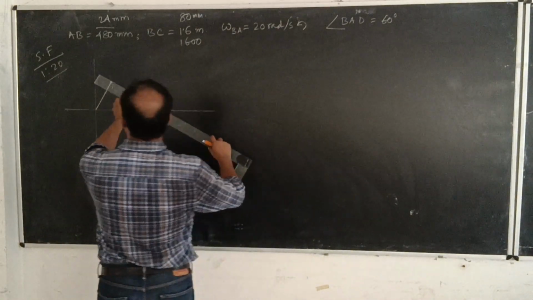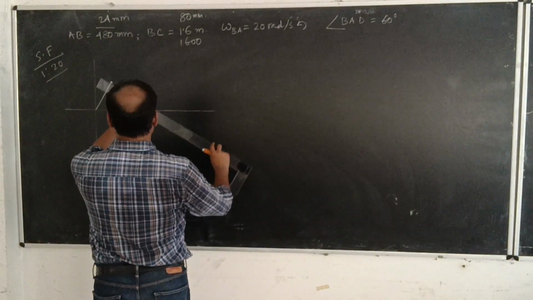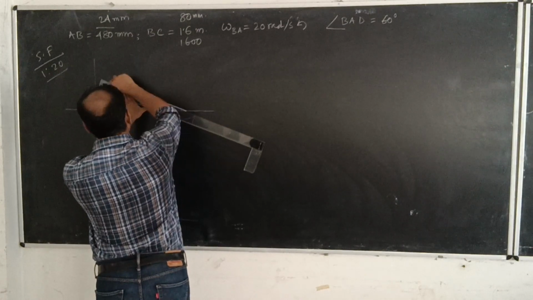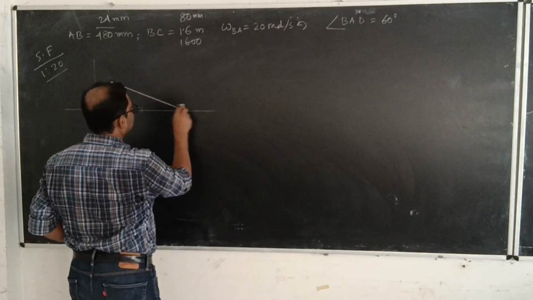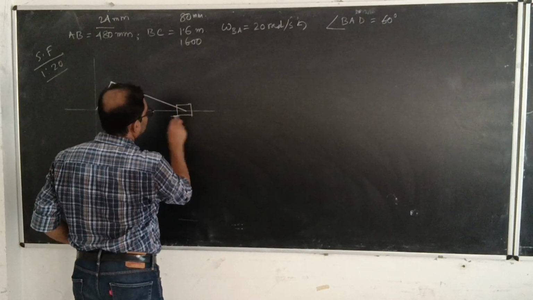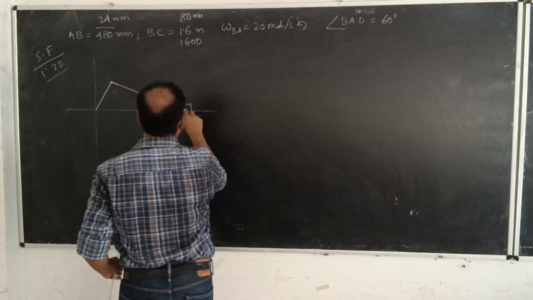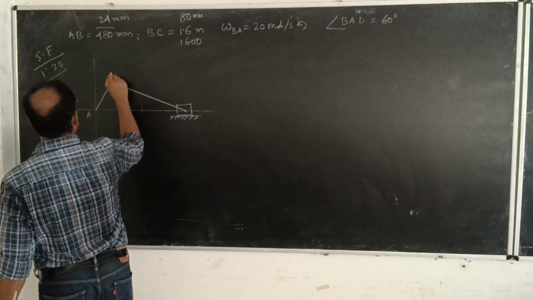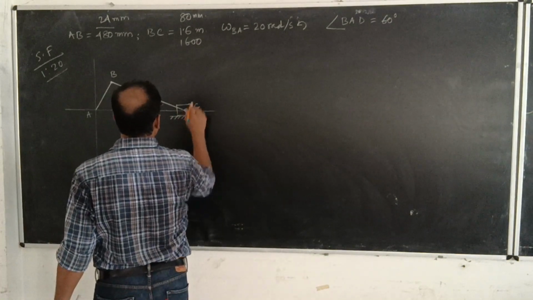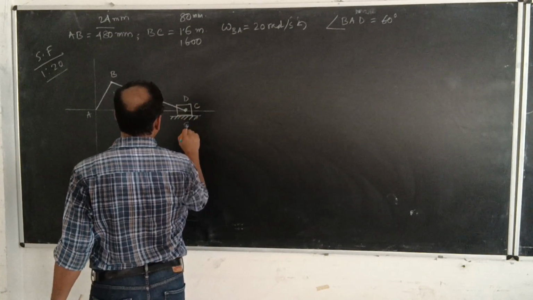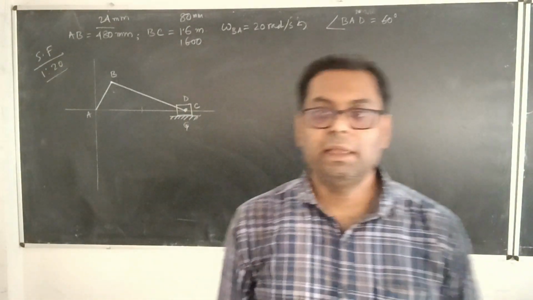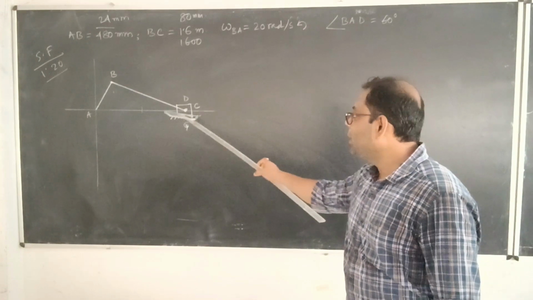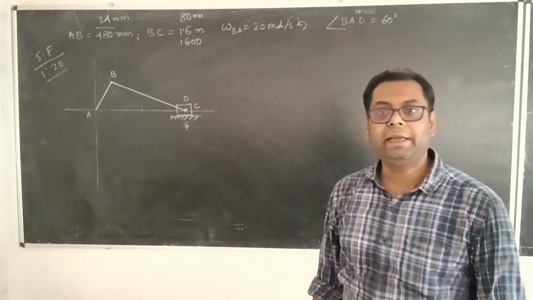Again, this length, suppose, if you are considering AB, then this is BC and this is D and this is G. D is the slider block, and C is the end C of the connecting rod over here.